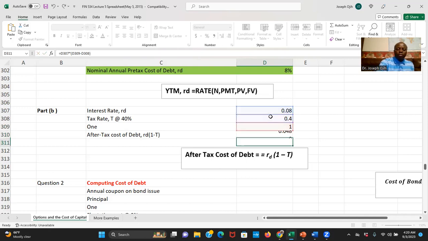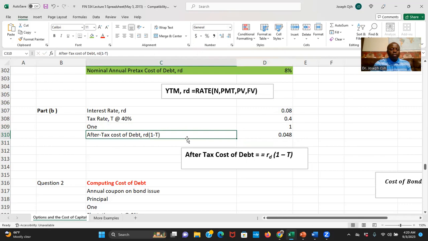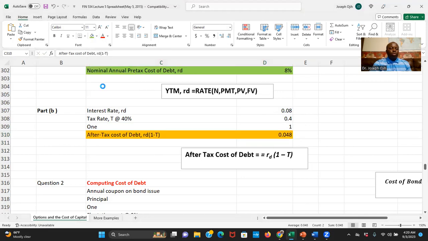And that is 0.48. I can highlight this, make it yellow, 0.48. So I'm going to change this from decimal to percent, 4.8% to 1 decimal place.